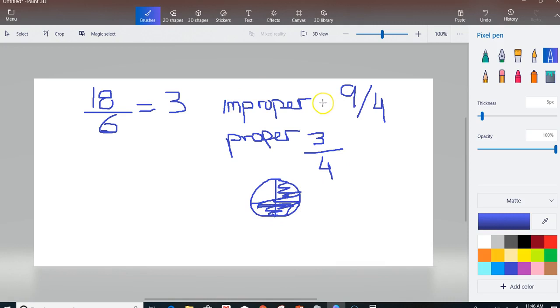As you can see, in the improper fraction, the number on the top, the numerator, was bigger than the one in the bottom. On a proper fraction, it will be the opposite. The number in the numerator will be smaller than the one in the denominator.